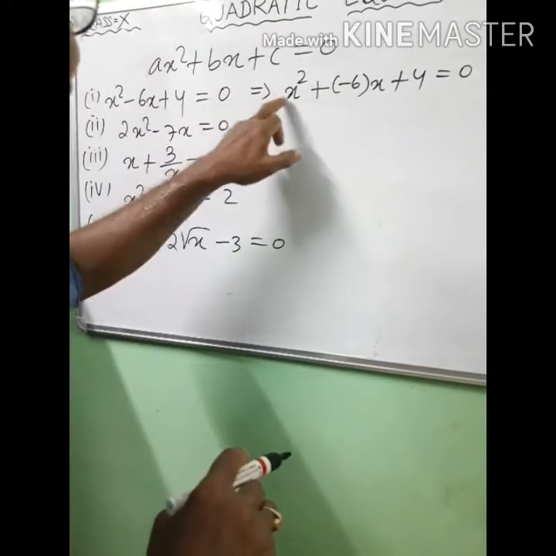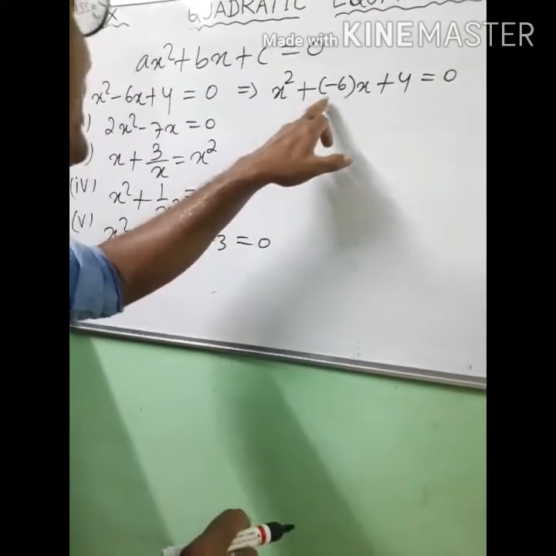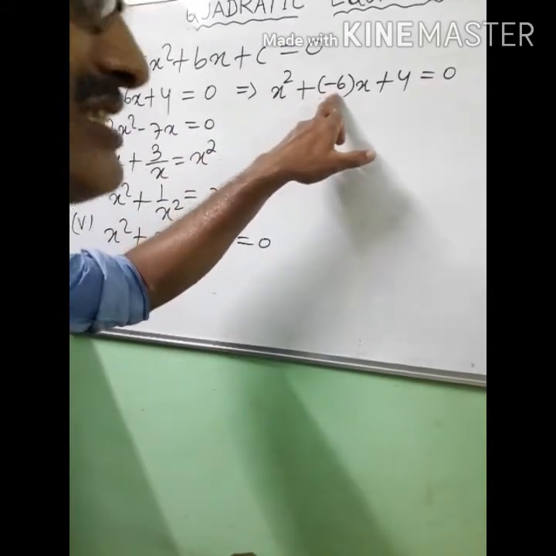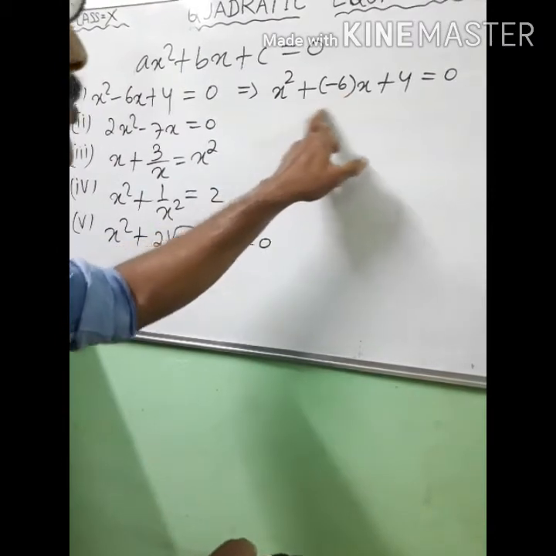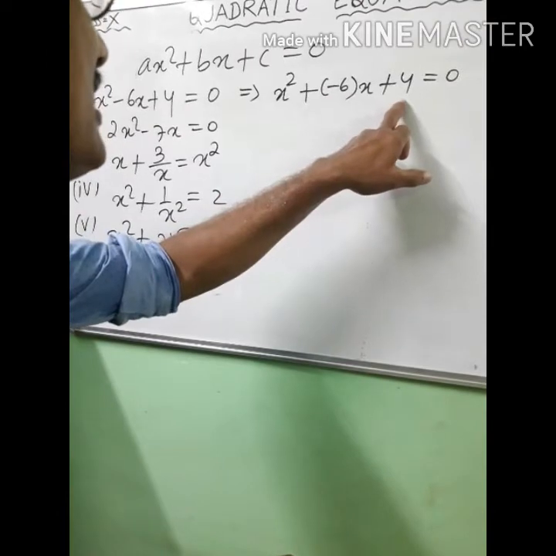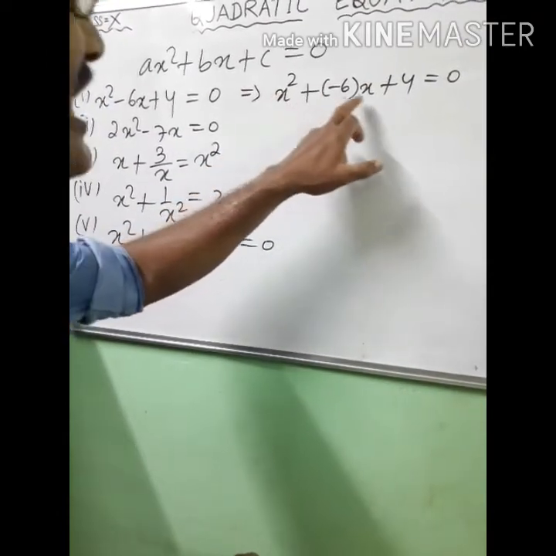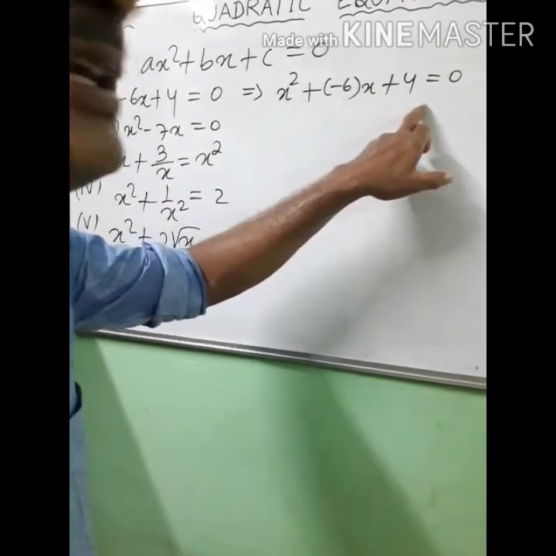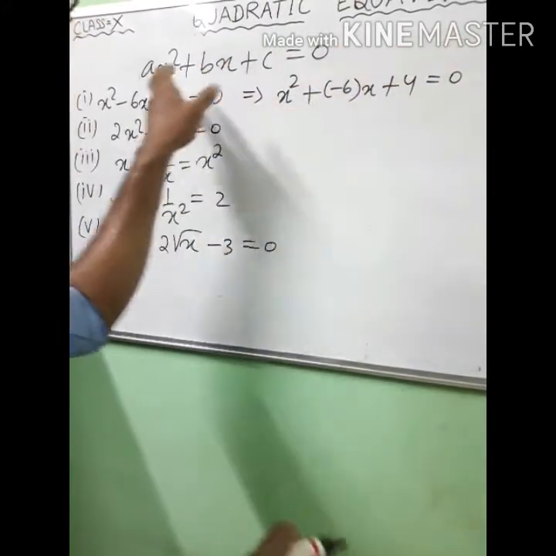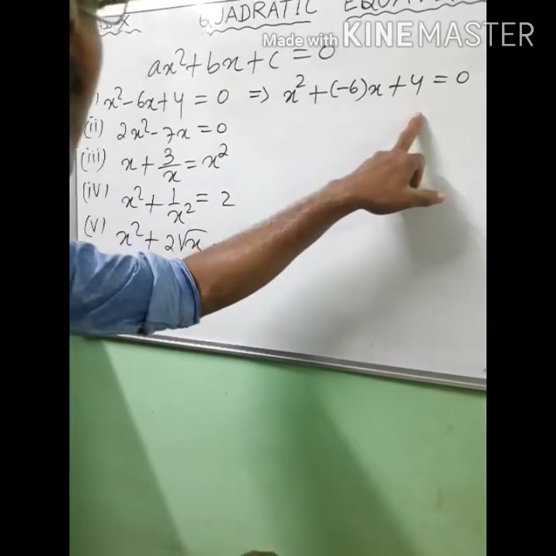Here a is 1, bx is minus 6x, so the value of b is minus 6, plus c, c is 4. So it is ax square plus bx plus c, in the form of a quadratic. So this is a quadratic equation.